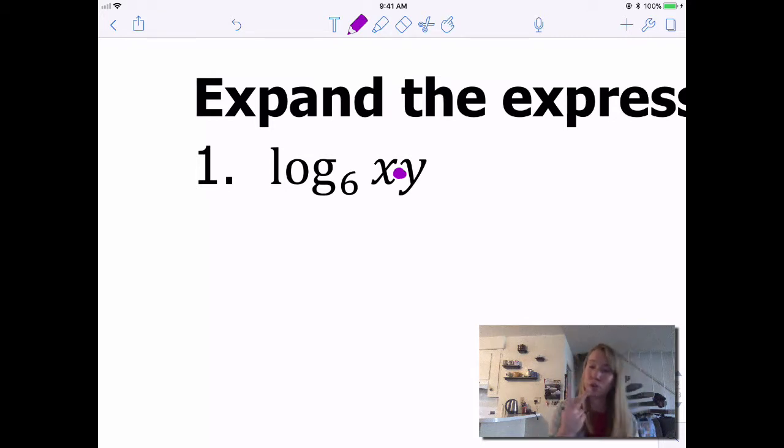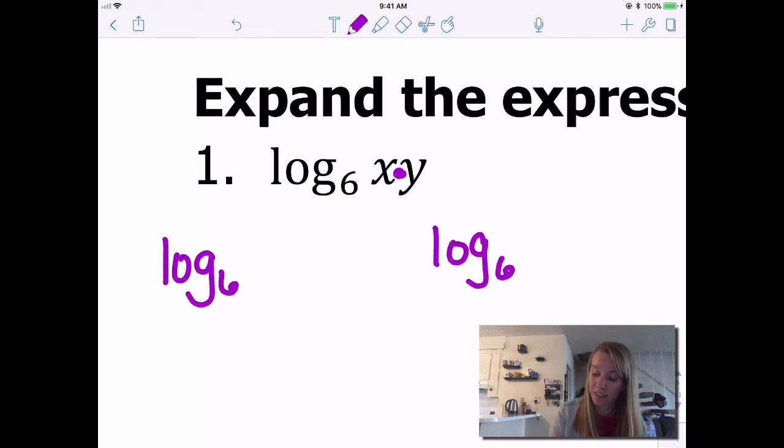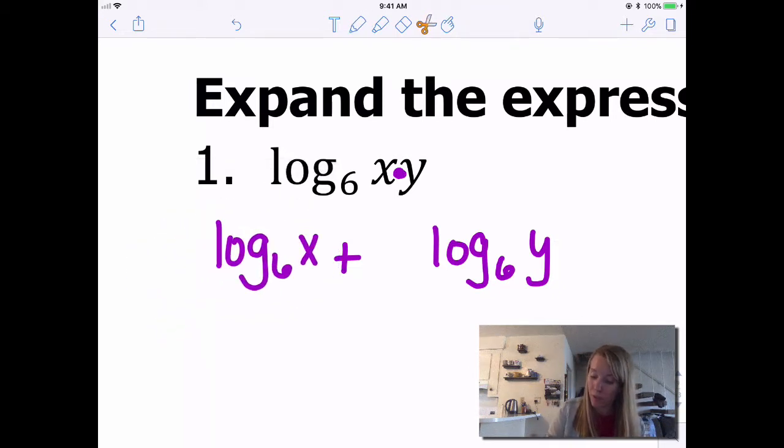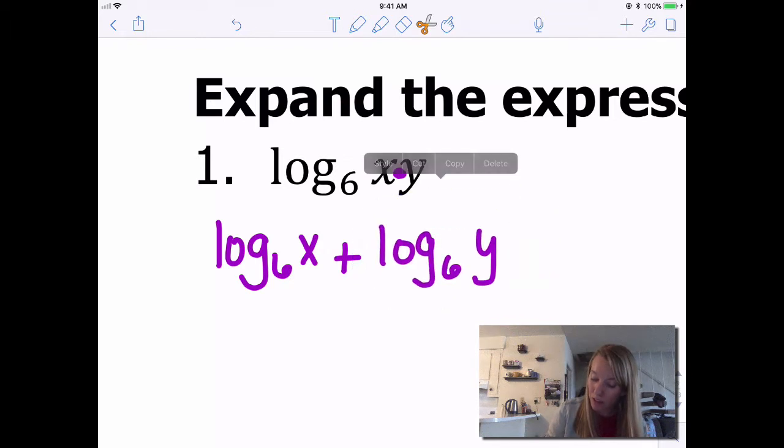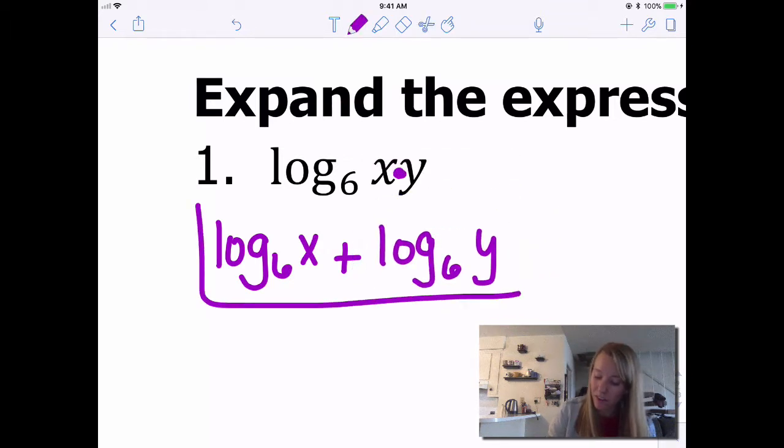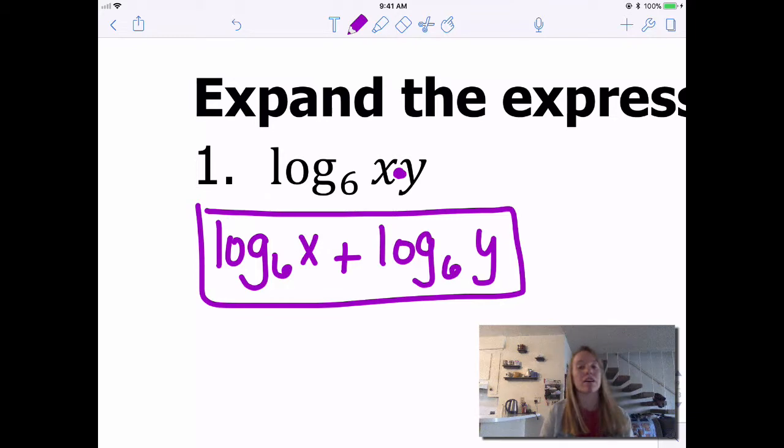I've got 2 pieces, the x and the y, so I'm going to write my log twice: log base 6 and log base 6. Each of the x and y gets its own log. Since it's multiplying, I match it with adding. And that's really all I'm doing for the first one. If I want to group it more closely together, that's fine. This is my final answer.